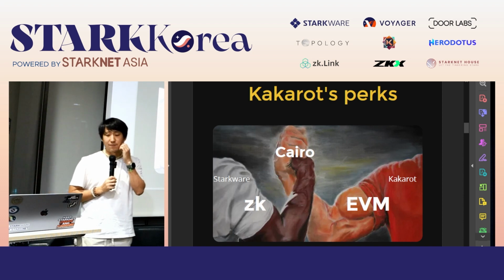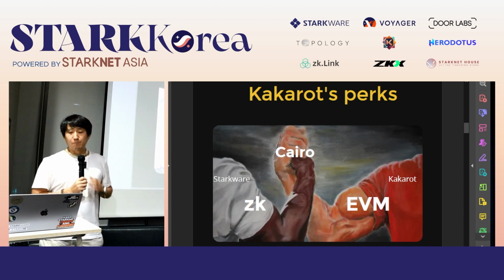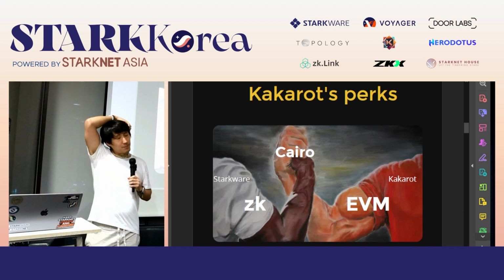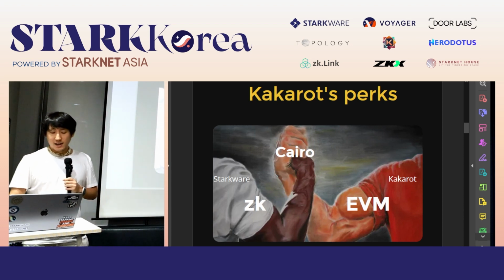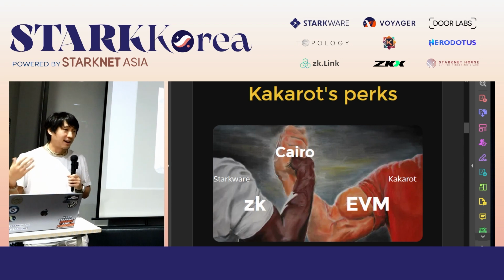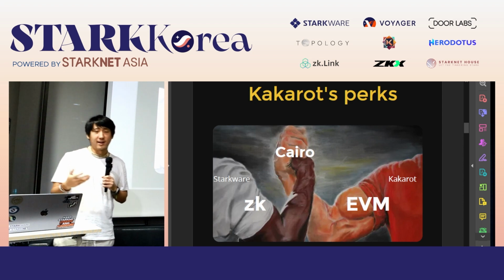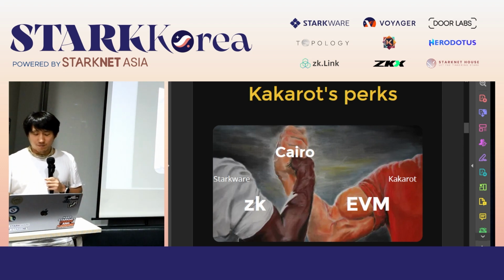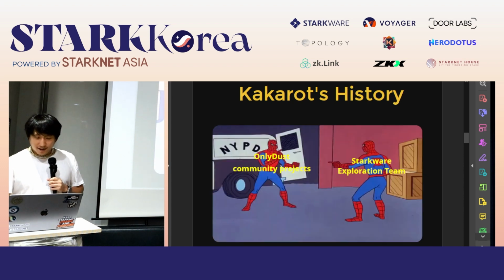So it's a very battle-tested technology, and we are basically building a ZK EVM on top of it. Even the Starknet OS is an OS written in Cairo. So instead of having a Starknet OS, we are having an EVM OS, we could say.